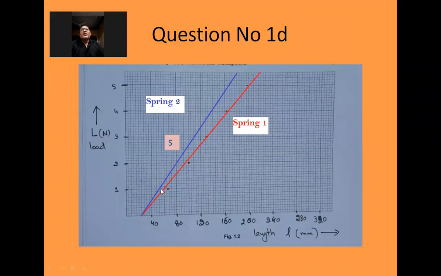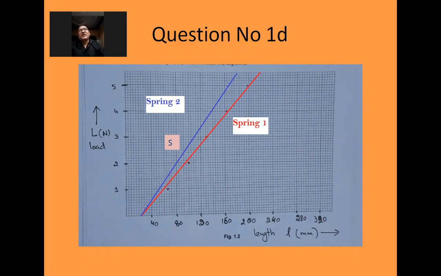You can see this red line is spring number 1. This was already drawn on figure 1.2. This blue line, I have drawn it, and you can draw this line by marking just 2 points. The blue line's starting point will be the same point because it's the unstretched length. When the load is 0, its length is also 36 millimeter.